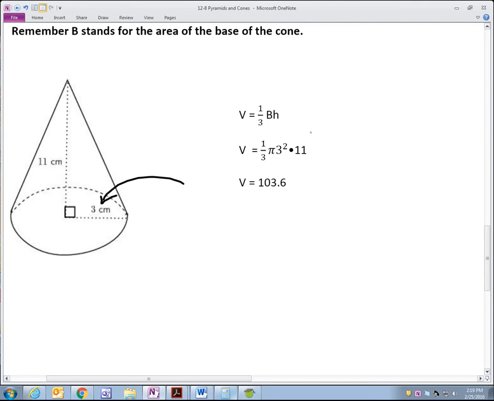So, area of a circle. The area of a circle equals pi r squared.